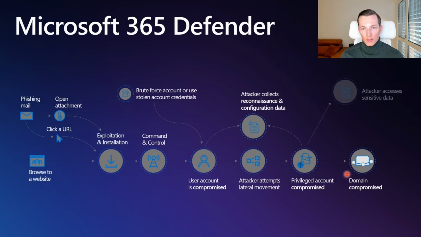And depending on the agenda of the attacker, he or she will also try to exfiltrate sensitive data. So this is quite straightforward, nothing complicated. This is a very typical attack, and this has not changed very drastically over the years.